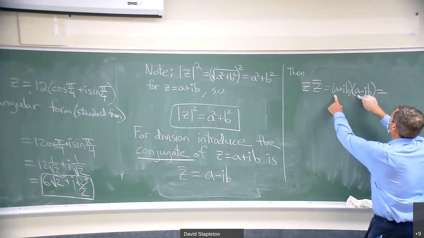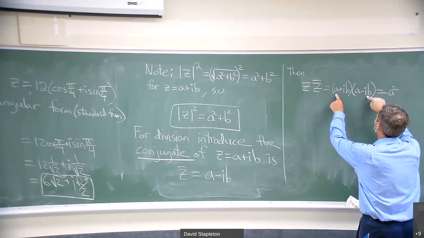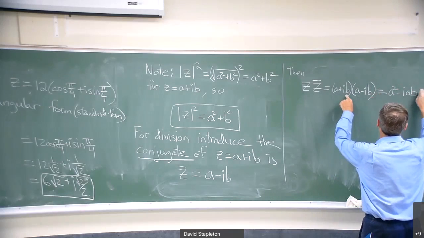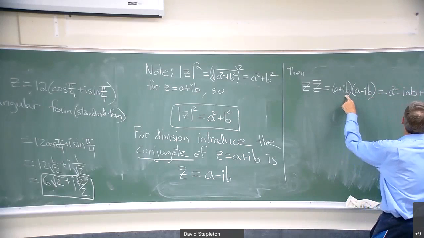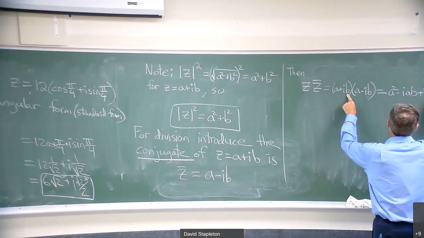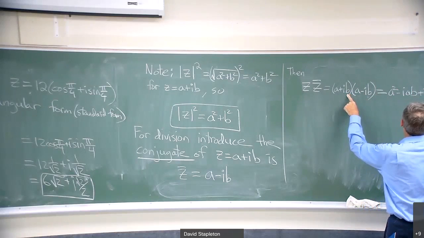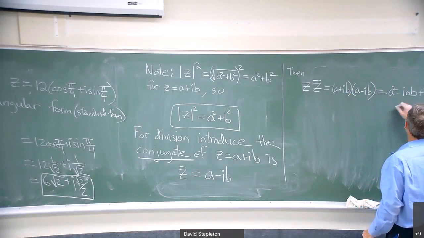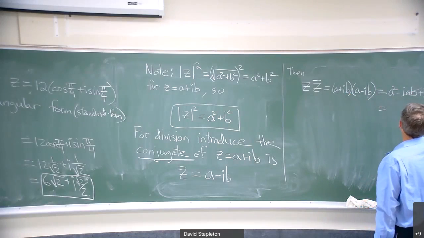And you FOIL this out. a times a is a squared, plus this one is minus iab, plus this one is plus iab, and plus this one is minus i squared b squared. i squared is -1, so a negative and -1 b squared, excuse me, negative and -1 times b squared is plus b squared. These cancel, and I get a squared plus b squared.